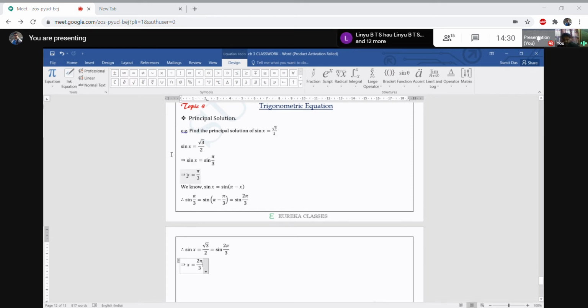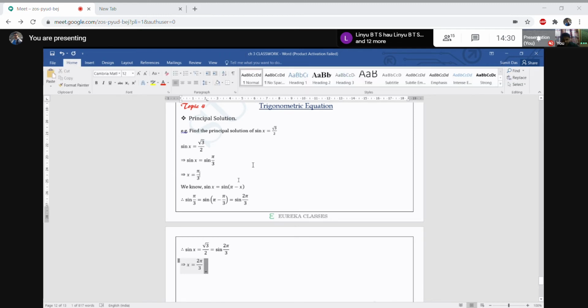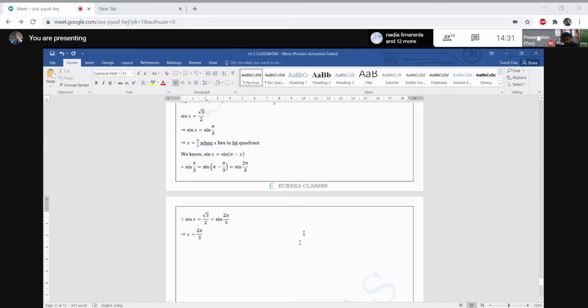How many values did we get for this particular question? For x, we got x equal to pi by 3 when x lies in the first quadrant, and x equal to 2 pi by 3 when x lies in the second quadrant.